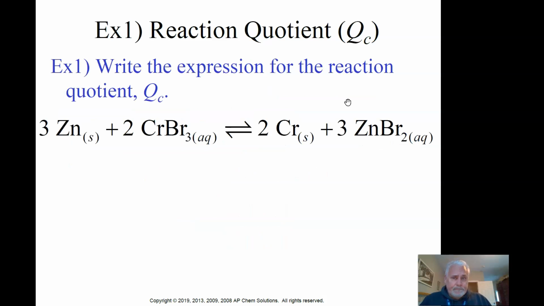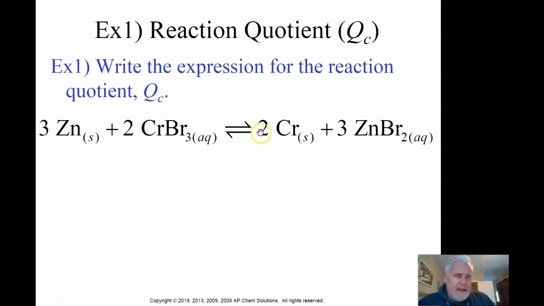All right? So if you were going to write the reaction quotient, QC, for this reaction, you could just do a quick overview, and you see, yep, nice equilibrium system, double arrow, solid. You're not going to worry about it, are you? Aqueous ion, we're going to worry about it. Solid, no sweat. And over here, another aqueous ion.